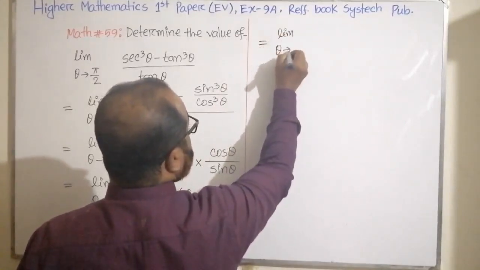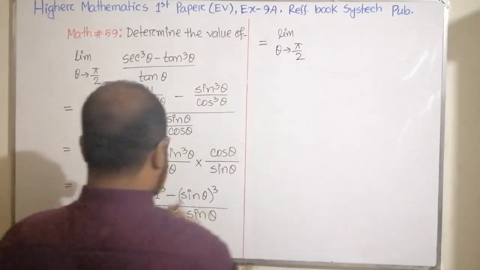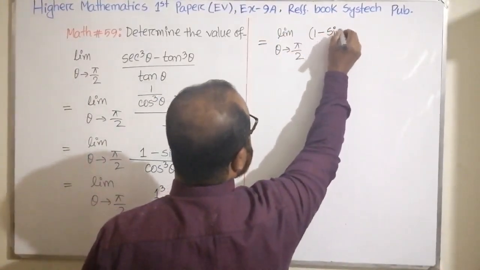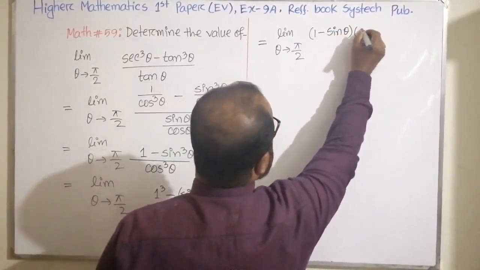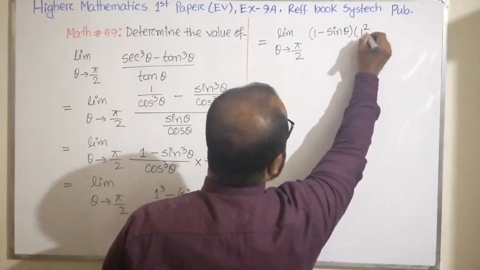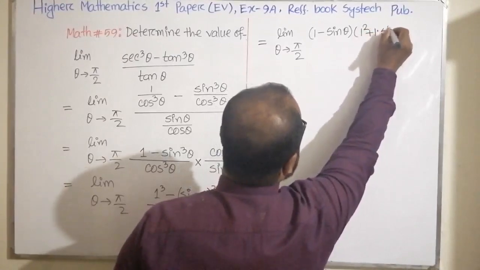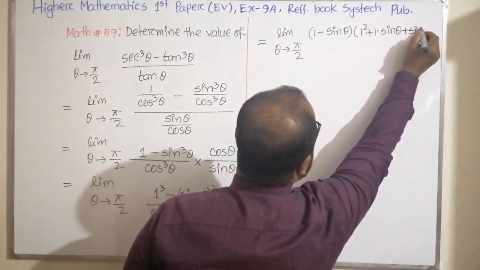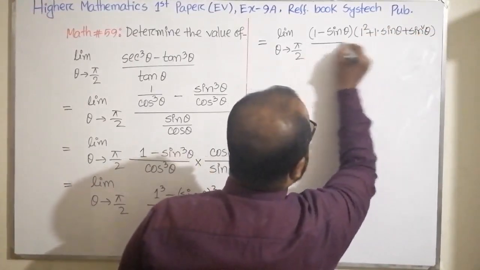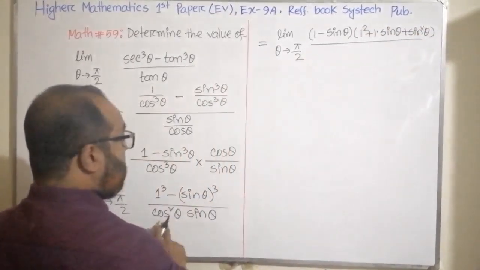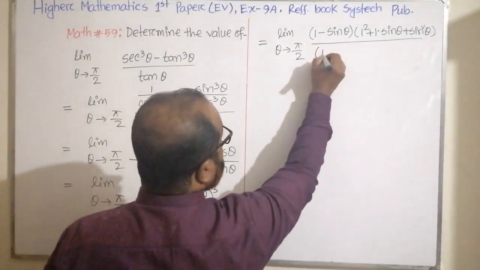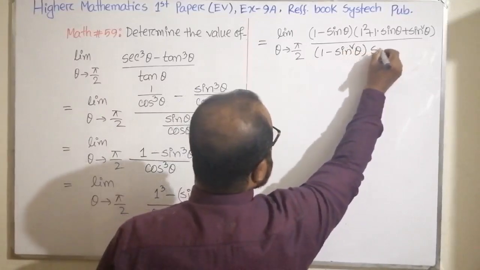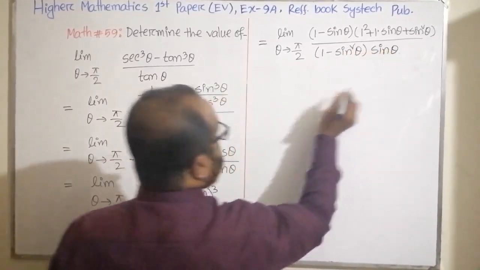Limit theta tends to pi by 2. This is a minus b, 1 minus sin theta into a square plus ab plus b square, divided by, we can write cos square as 1 minus sin square theta into sin theta.